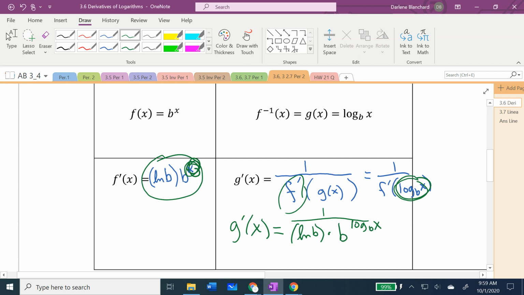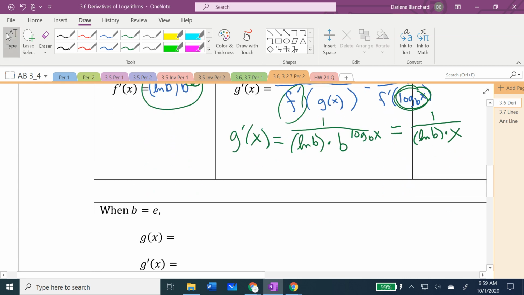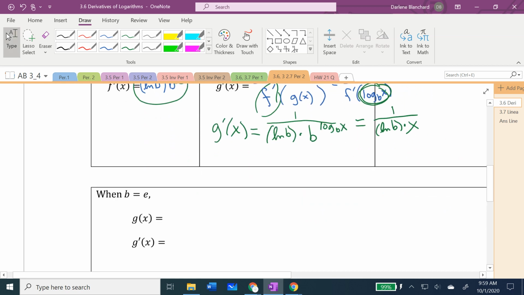And take a moment to remind yourself, what is b to the log base b of x? It is simply just x. So you need to memorize this formula. And additionally, what does that mean is the derivative when the base is e?